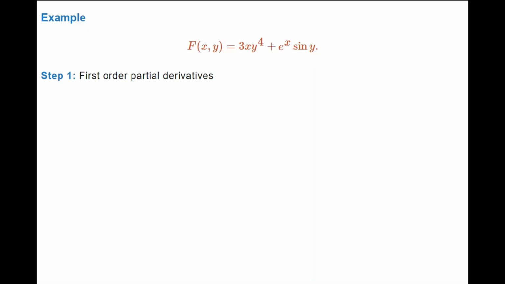And we see that the first derivative f_x turns out to be 3y^4 plus e to the x sine y, because the first term was linear in x, so it disappeared. And the second term has an exponential function of x, which stays the same. And in f_y, you have 12xy cube plus e to the x cos y.